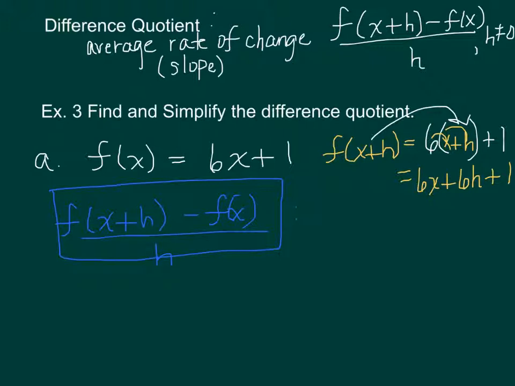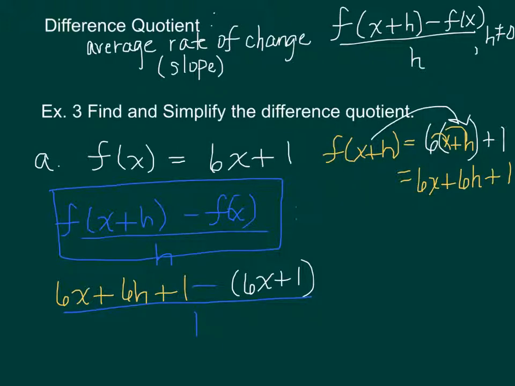Okay, so f of x plus h was 6x plus 6h plus 1 minus f of x. I'm going to put it in parentheses because that minus is for both. All over h. And then it says to simplify it, so we have to simplify this.